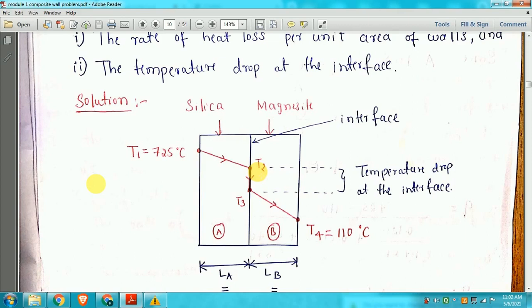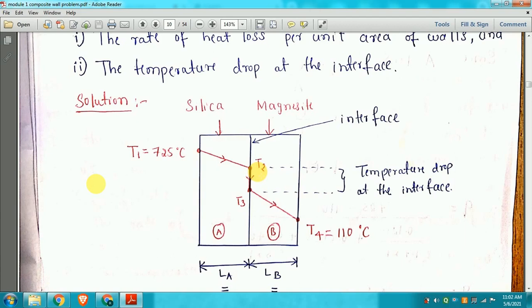I want to know the value of T2 individually. Either you can calculate and tell me or just tell me the procedure.